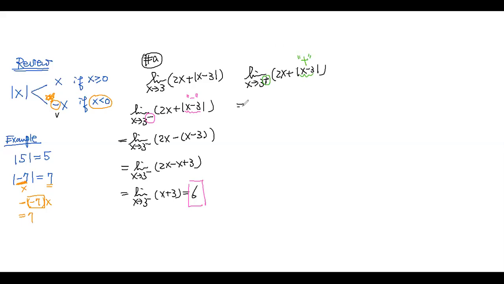Because it's positive, when we break out the absolute value, you can just remove it. So this will be x minus 3. So this will be the limit as x approaches 3 from the right-hand side of 3x minus 3. So it's 9 minus 3, which is equal to 6.